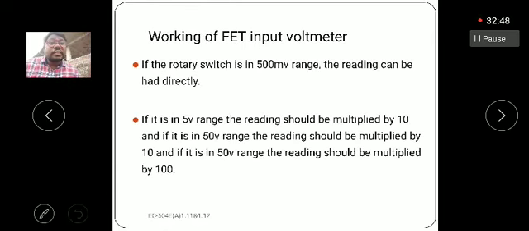If the rotary switch is in the 500 millivolts range, the reading can be taken directly. If it is in the 5 volts range, the reading should be multiplied by 10 times.